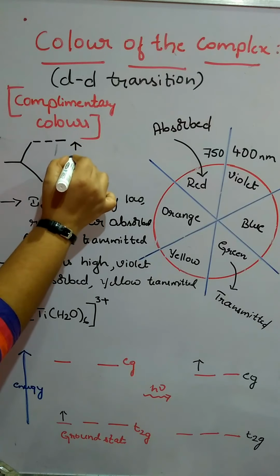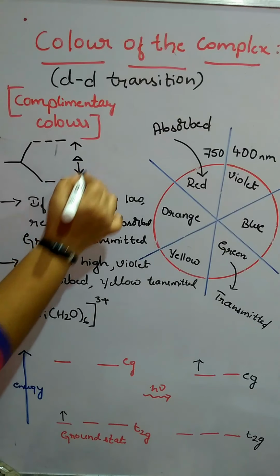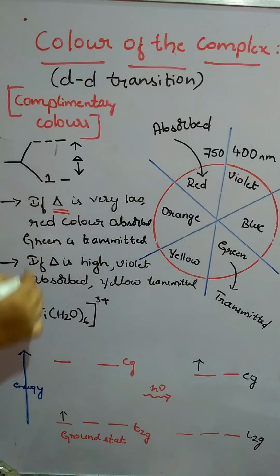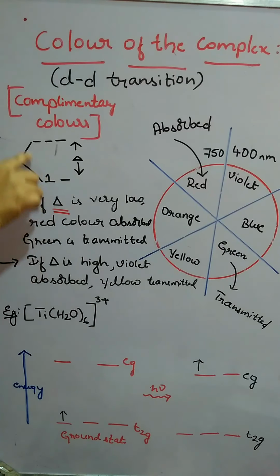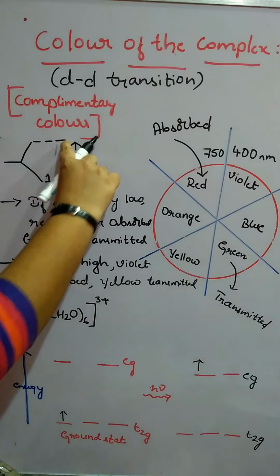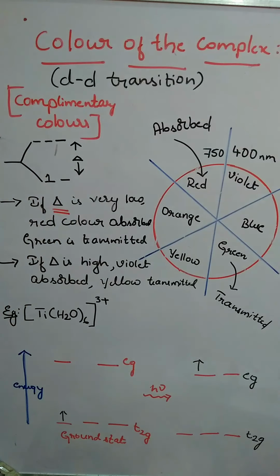If delta is very less, then what happens? The electron has to jump. The electron is in this orbital now, and it has to jump to this orbital. If the difference is very less, then a small amount of energy is sufficient to jump here.